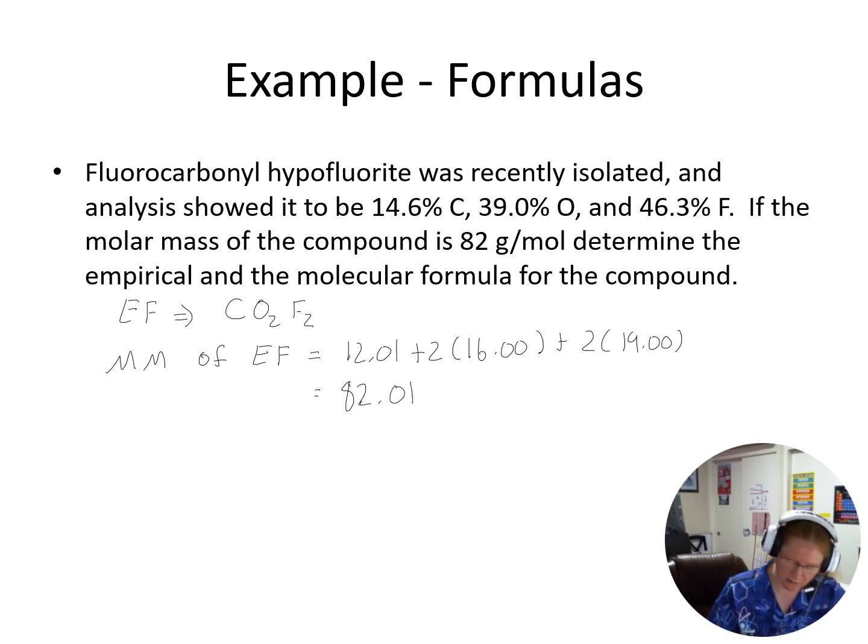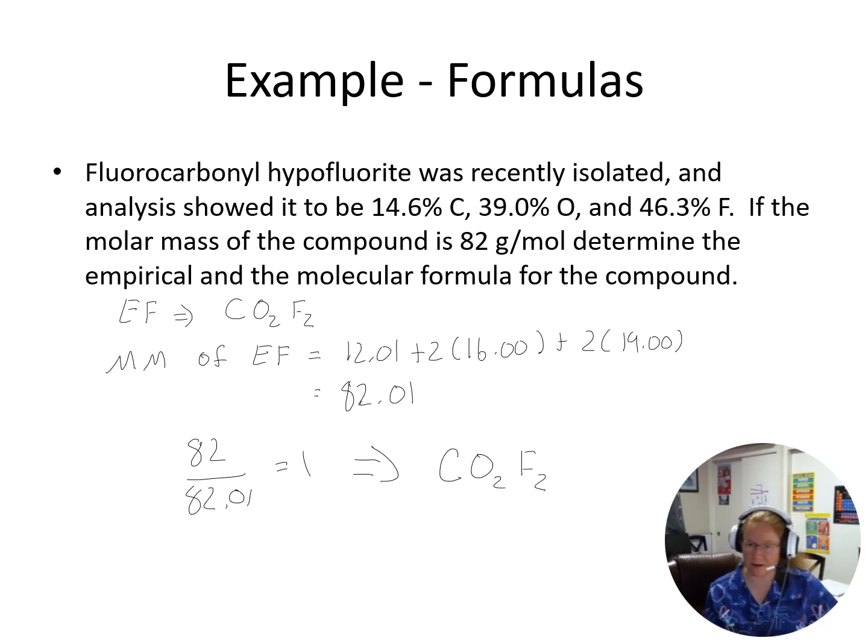Our actual compound is 82, and our empirical formula is 82.01. Divided by each other, we get 1. So our molecular formula is also CO2F2. That's how we go from our empirical formula to our molecular formula.